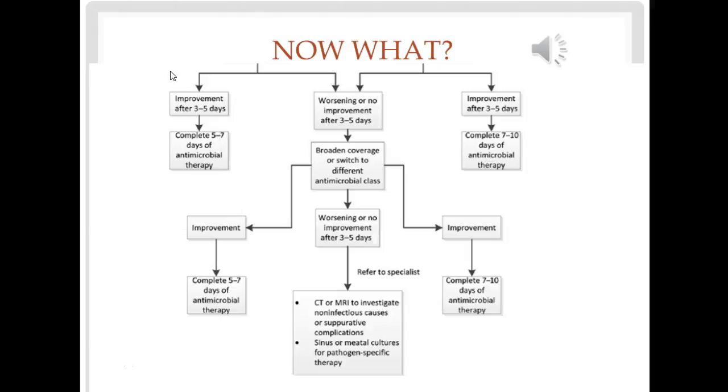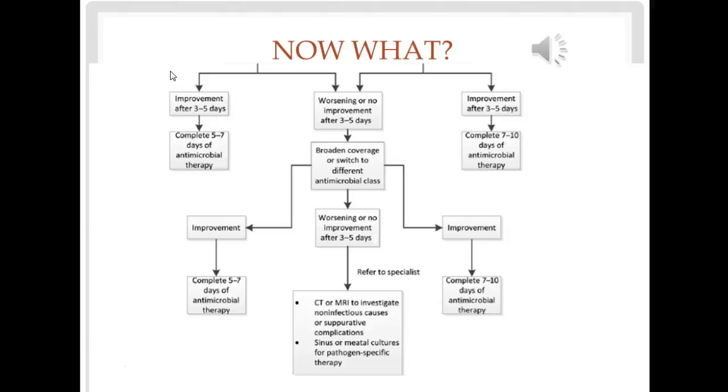If they're worsening, of course, they're to return immediately or to call immediately, and we switch to a different antimicrobial. If they are improving, on either arm of whether they initially needed first or second line therapy, we just have them complete 7 to 10 days of therapy, depending on the antibiotic and the instructions in your Sanford guide or other resource.